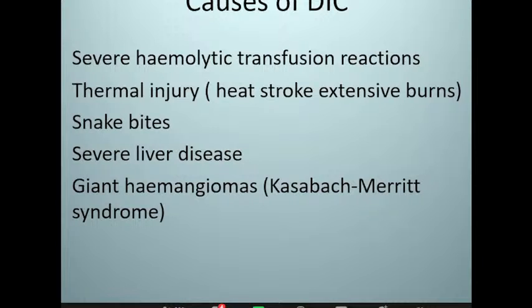Snake bites, the venom of some of the most venomous snakes, activates the coagulation cascade and presents with DIC. Then severe liver disease and giant hemangiomas also may present with disseminated intravascular coagulation.